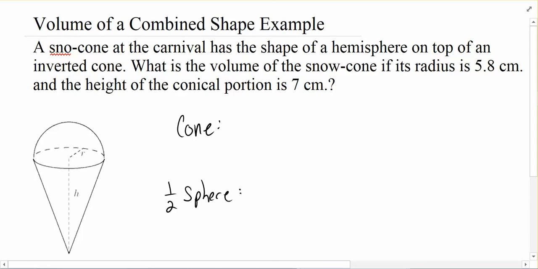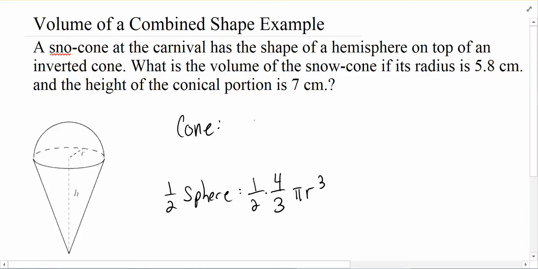So we just have the top half of a sphere. We had just covered that the volume of a sphere is typically 4/3 pi r cubed. But in this example, we have half of a sphere. So we're going to multiply that by a half.